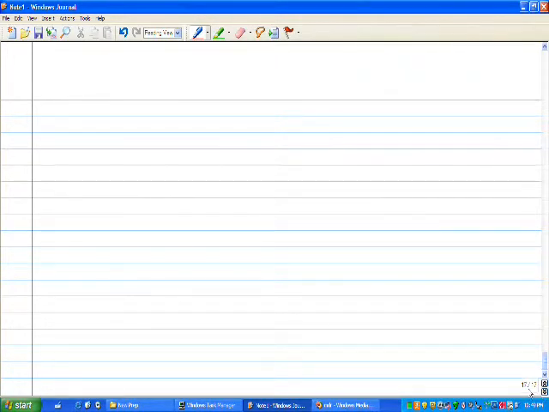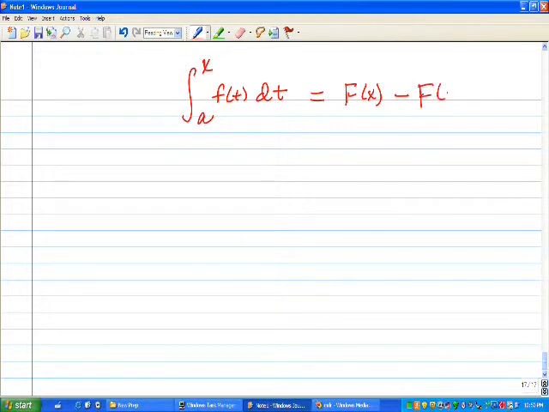And you know how to do that for a lot of functions. Now let's change this a little bit and let's calculate the integral from a to x of f of t dt. Now notice this is just a definite integral, and we know that this is equal to capital F of x minus capital F of a.